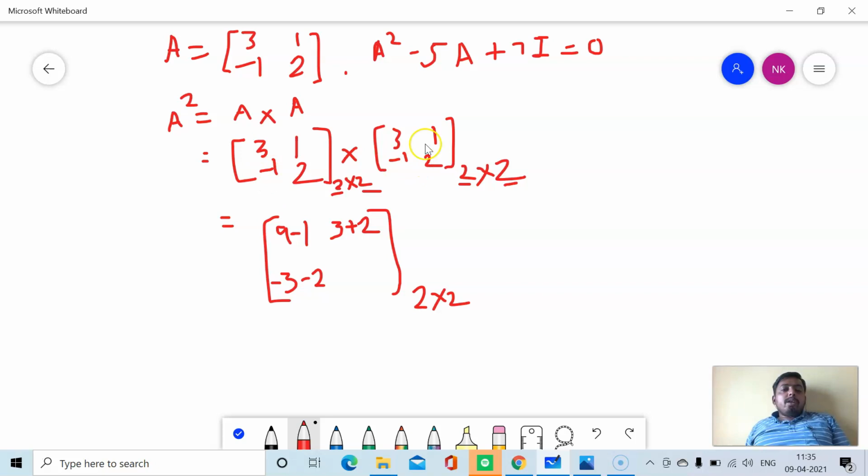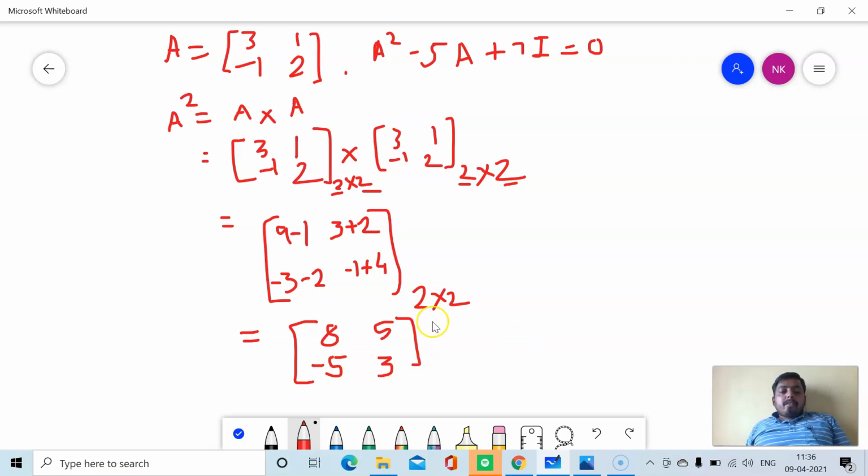That means minus 1 into 1 is minus 1, and 2 into 2 is plus 4. So this is the multiplication. 9 minus 1 is 8, 3 plus 2 is 5, minus 3 minus 2 is minus 5, minus 1 plus 4 is 3.